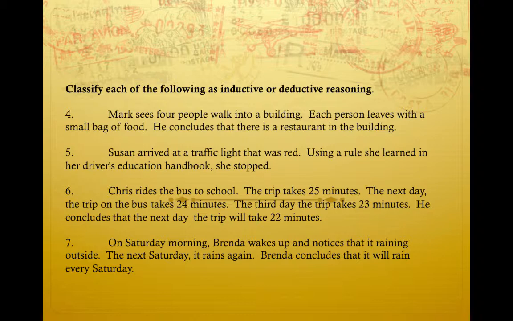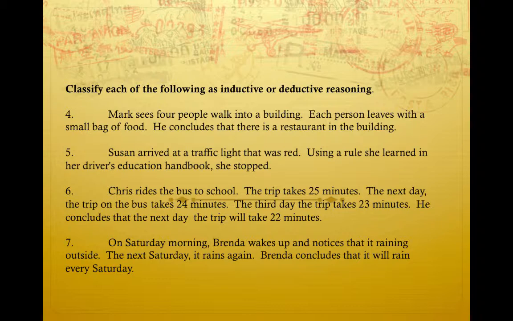Chris rides the bus to school. The trip takes 25 minutes. The next day, 24 minutes. The next day, 23 minutes. And the next day, he assumes it will take 22 minutes. So he's noticed a pattern: 25, 24, 23. He assumes the next day is 22.